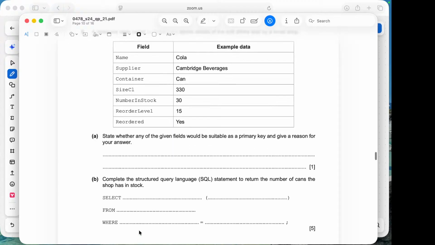And then in our where clause, I will write it out in a moment, it says it's the number of cans the shop has in stock. So basically, we would use the container field where the container equals a can.